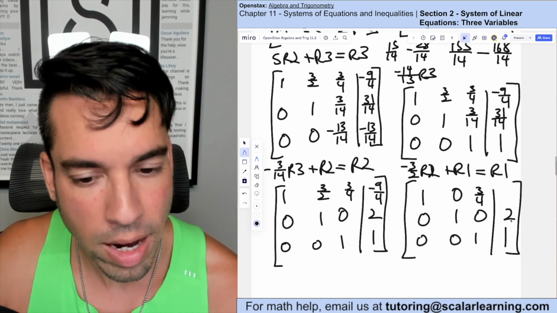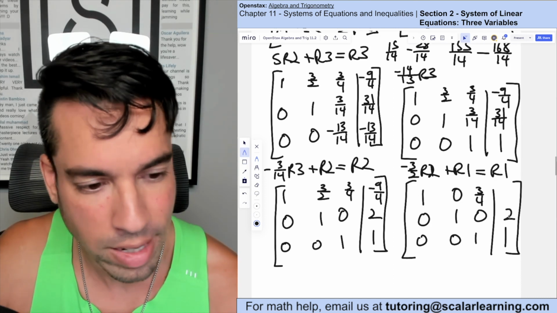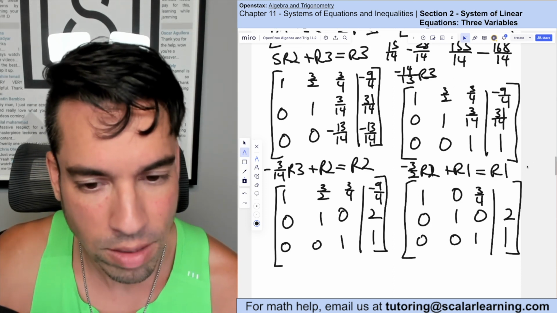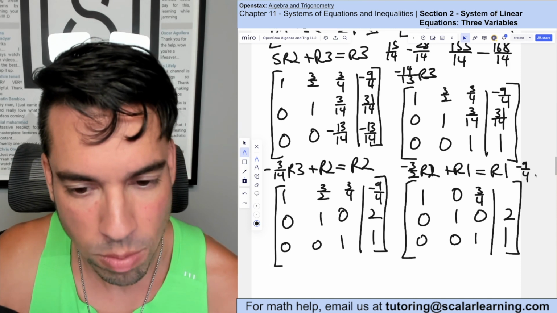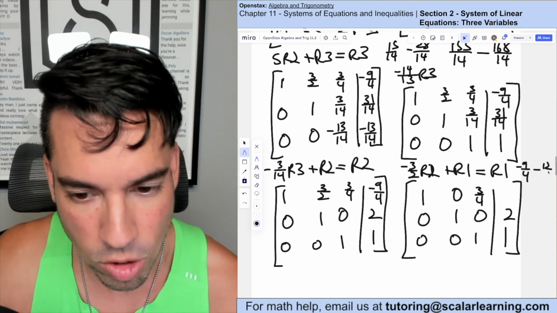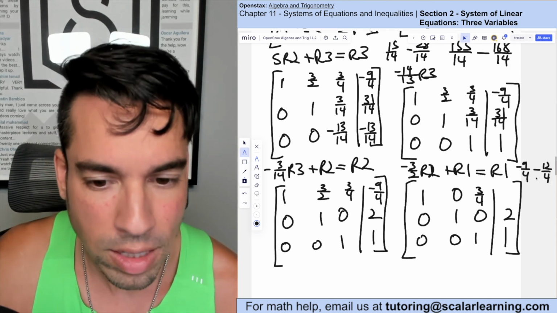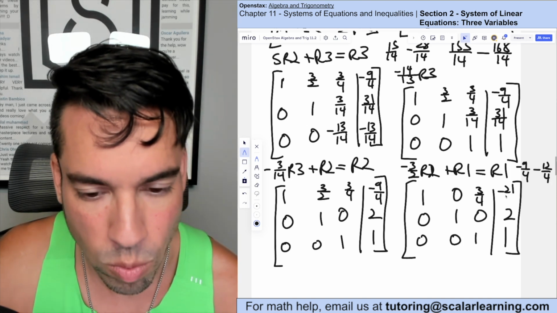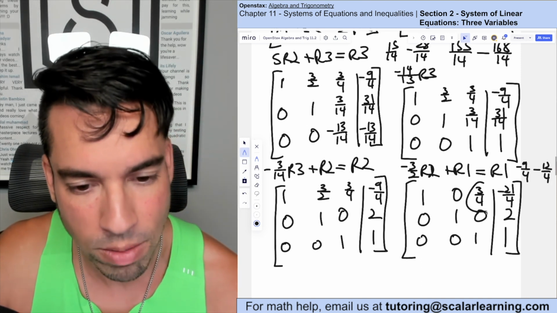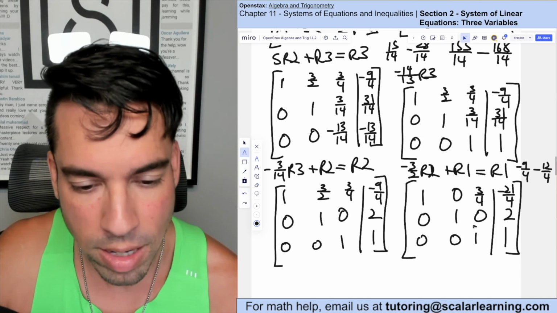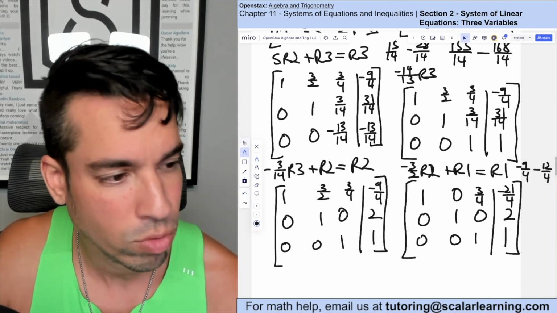And then negative 3 halves times 2 is actually negative 3 plus negative 9/4. Let's see, negative 9/4 plus negative 3, which is the same as 12/4. That gives us negative 21/4. Okay, we got one last step. We got to get rid of this. So I'm going to multiply this row 3 by negative 3/4 and add it.